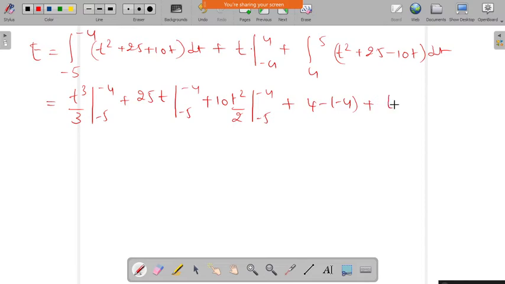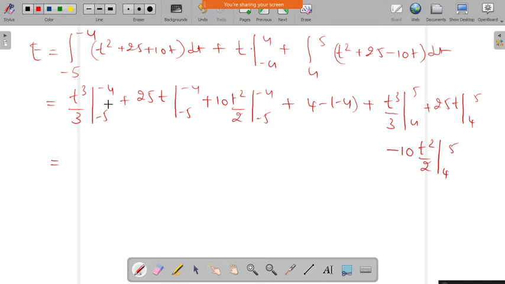Plus here again t cube by 3 from 4 to 5, plus 25t between 4 to 5, minus 10 into t square by 2, from 4 to 5.